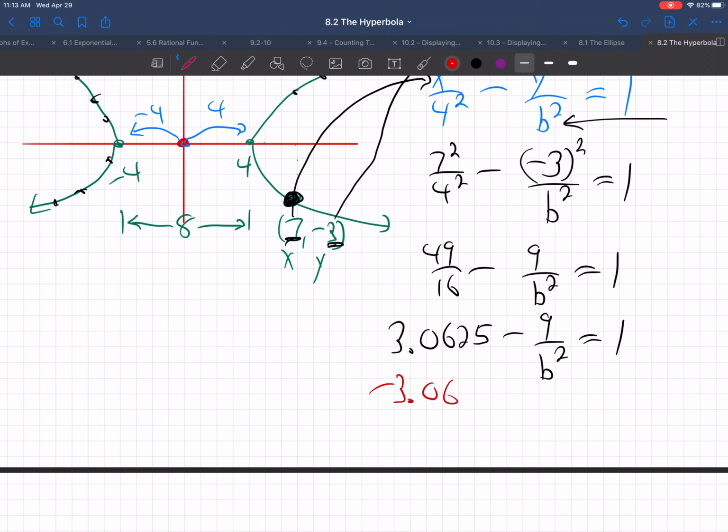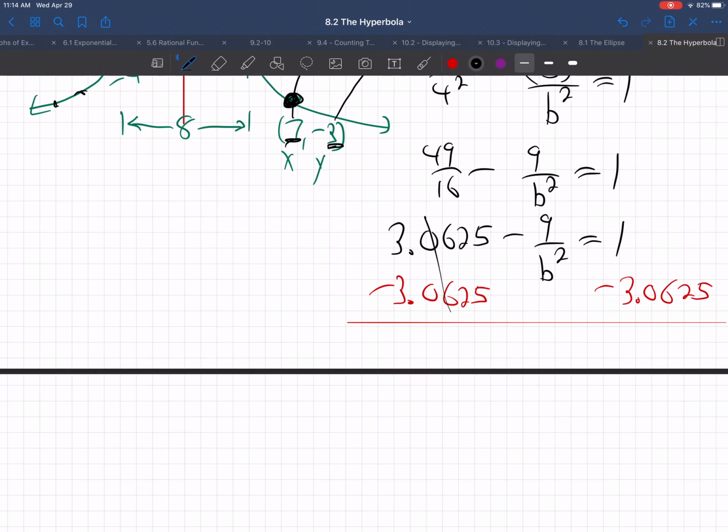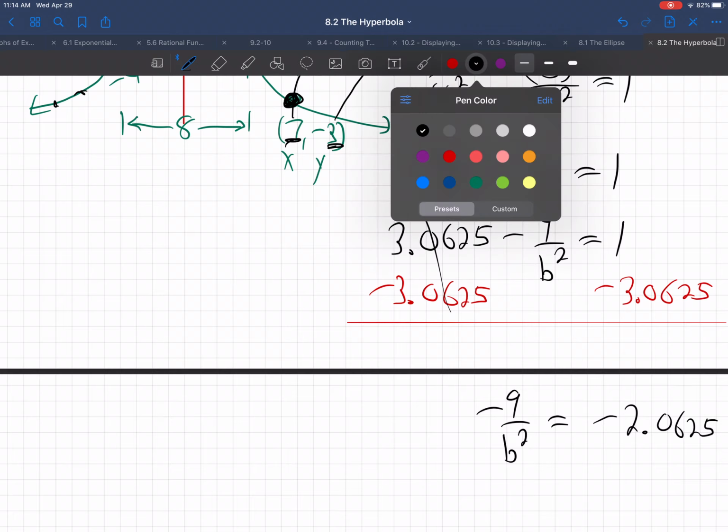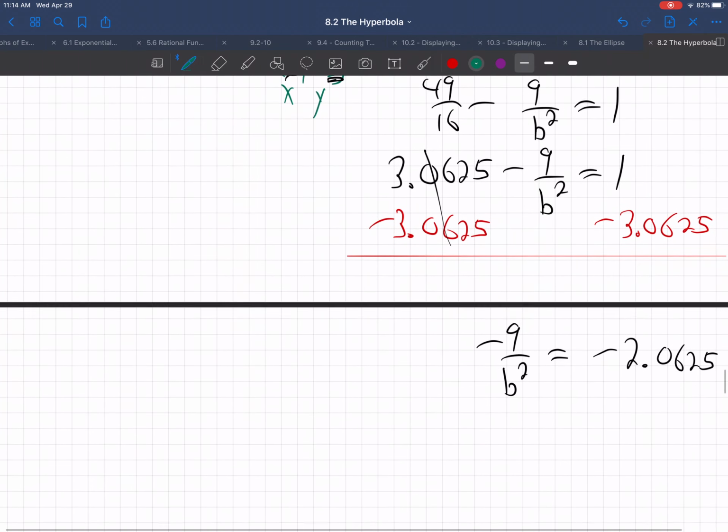Subtract 3.0625 from both sides there. And these cancel. Bring it on down here. We get minus 9 over b squared. 1 minus that, my calculator tells me, negative 2.0625. Now, what do we do when we have a fraction equal to something else?